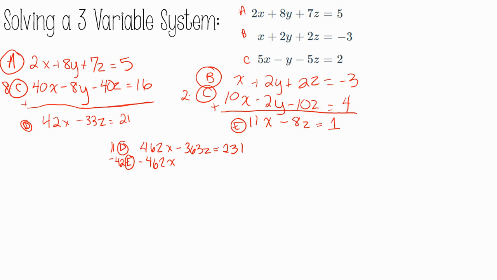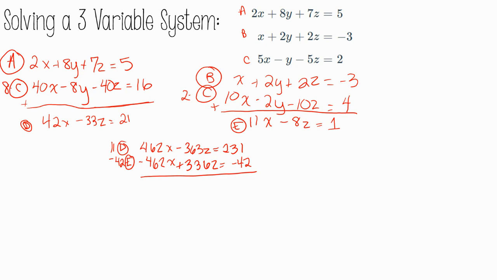Negative 42 times negative 8 will give us positive 336z, and we'll get negative 42. It's okay sometimes to get these crazy numbers. It happens.